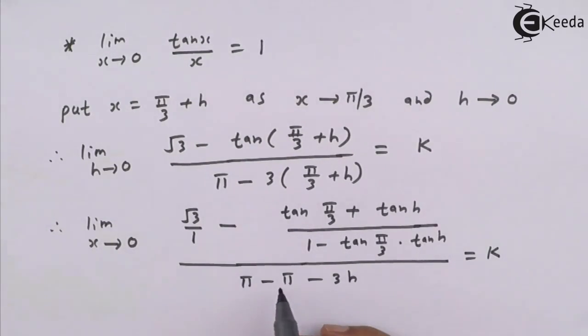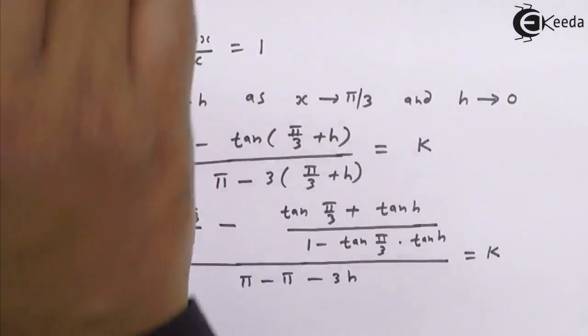Now here we cancel plus pi and minus pi from the denominator.